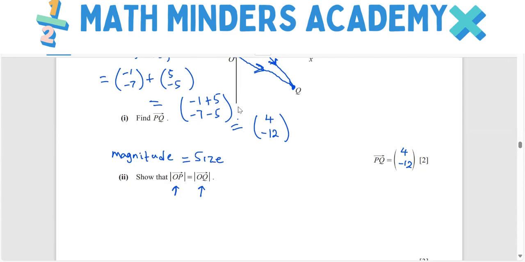And generally speaking, if vector AB is given as (x, y), take note, then the magnitude of vector AB is the square root of x squared plus y squared. So you square their components.